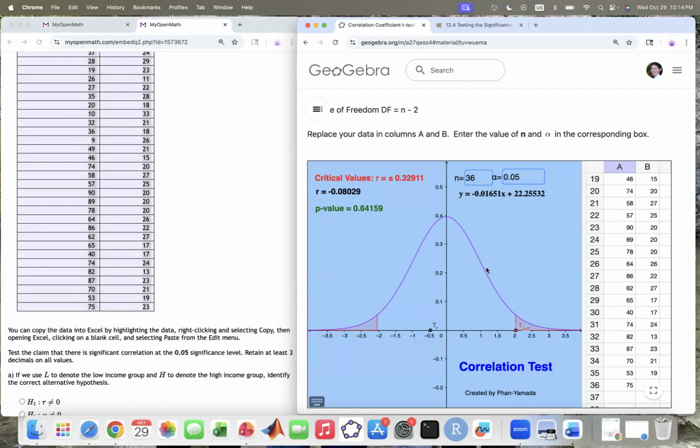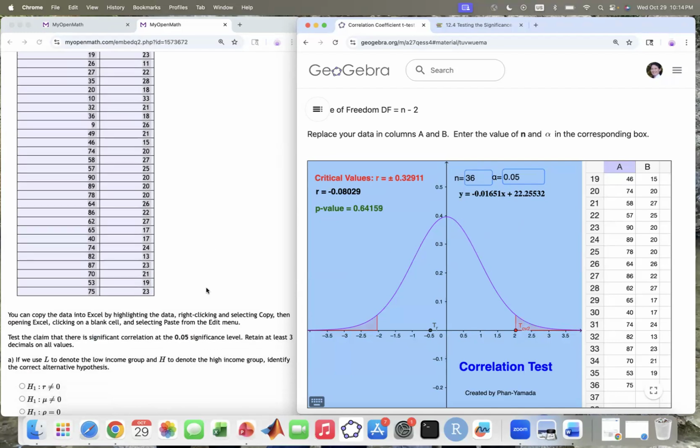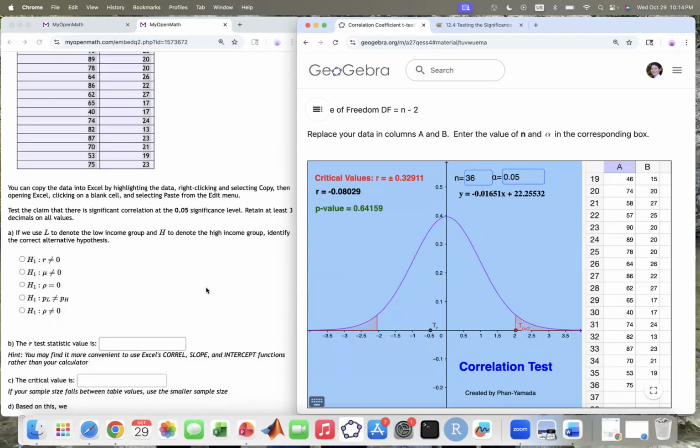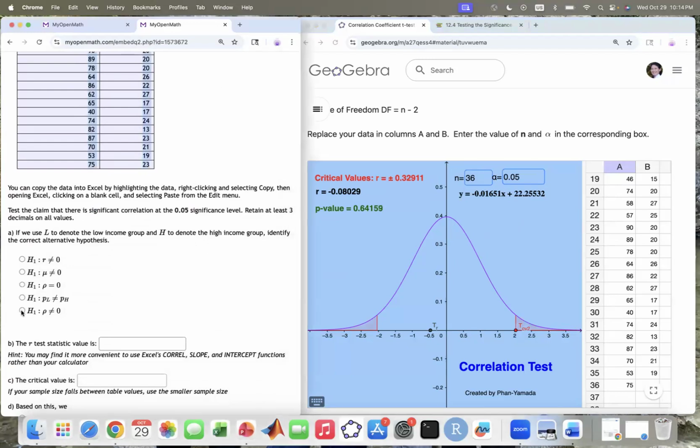You're going to use the data right here, the test value, to test. In this case, the H0 always has equals, and the alternative HA or H1 is rho not equal to 0.